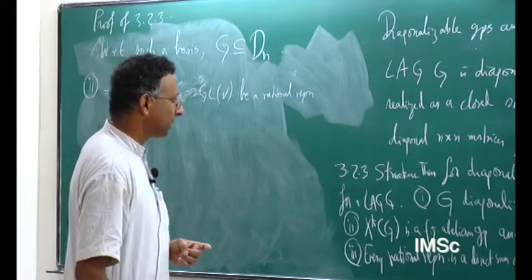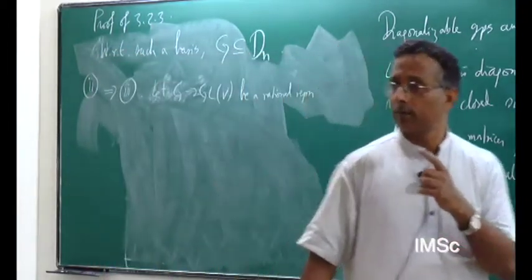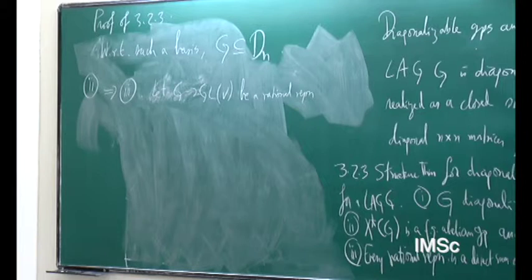At the moment you might say, why do I know they are commuting? It's not clear that they commute at the moment. But anyway, in the end they will commute, right? That's part of what we have to prove. So what you do is try to club them together. Instead of one, you have several.